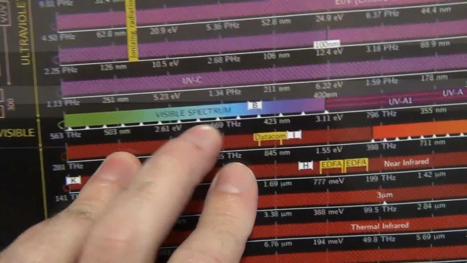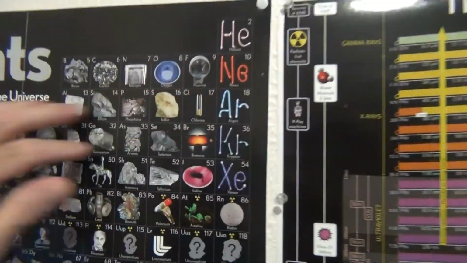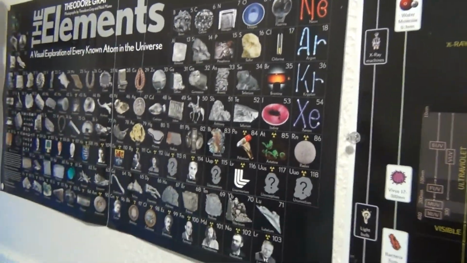You can only see in the visible spectrum right here, and all this other stuff is completely invisible to human beings. So most of the stuff in the universe, you can't even see it anyways. Just like these atoms, they're so small, it's ridiculous.